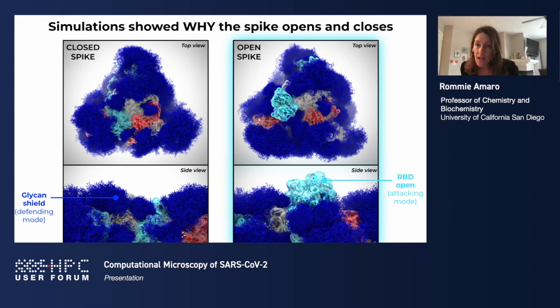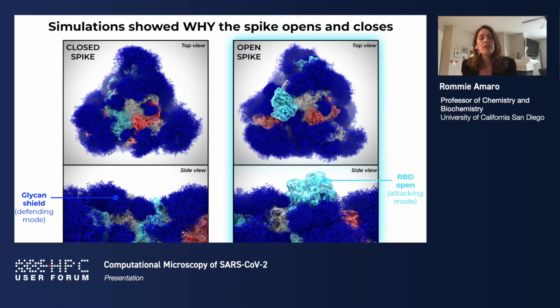And here from the side, you can again see how dramatically different this system looks when you're considering the glycans in these two different conformational states. It's funny, when the experimentalists first characterized the system, when they saw the structures without glycans, basically what they see is up and down, or open and closed.